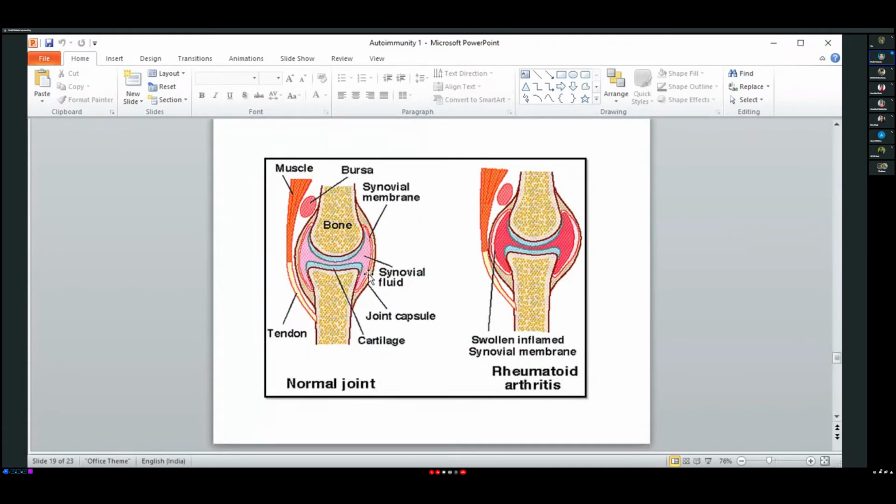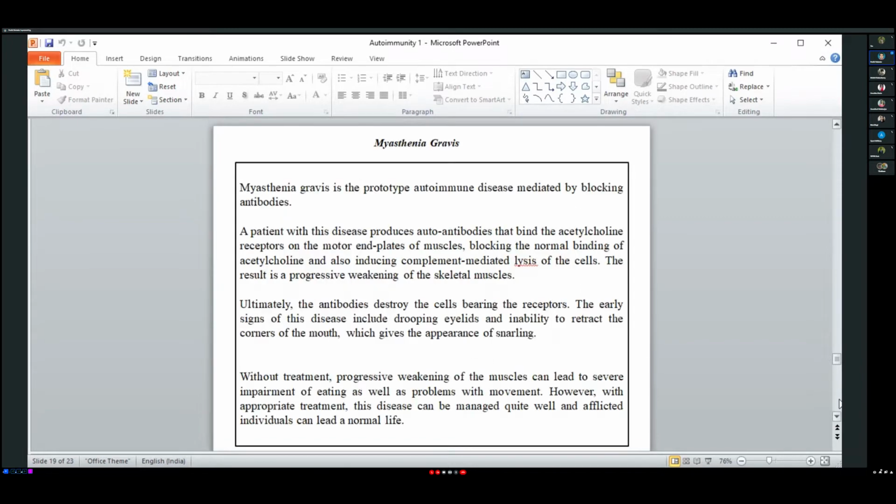Now you can see in the left panel the normal joint, and in the right one the swollen, inflamed synovial membrane joint, where the IgM-IgG complex has been deposited.